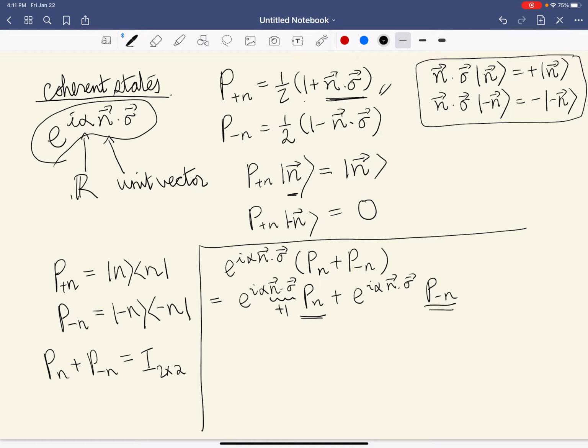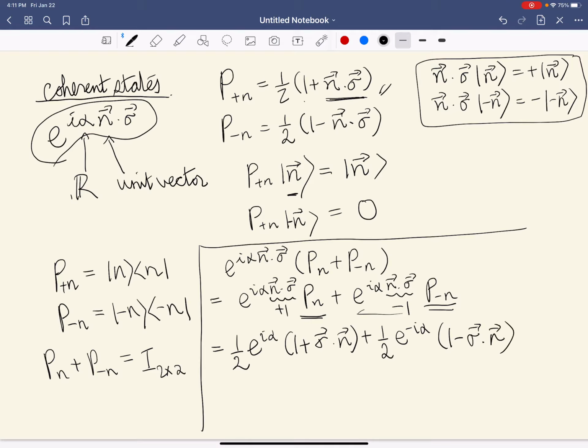And in this eigensector, n dot sigma can be replaced by its eigenvalue minus 1. So once again, we have e^{i alpha} times P plus n, which was 1/2 (1 plus sigma dot n), and this phase factor is e^{-i alpha} now. With this projector, 1/2 (1 minus sigma dot n), we have an expression very similar to what we had previously, except that we have this more general kind of Pauli matrix combination sigma dot n.